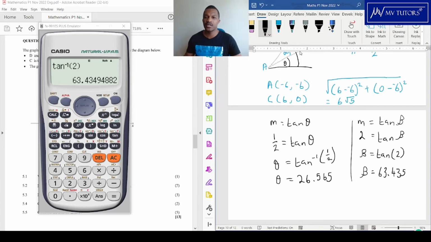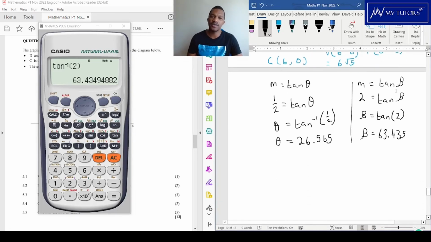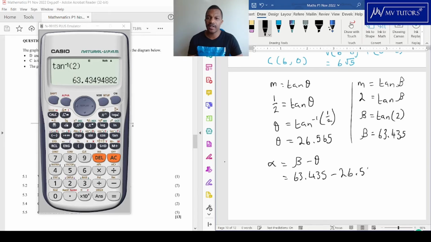Now, to solve the alpha angle, which is coincidentally the angle of C, we need to take alpha is now equal to beta minus theta. And beta was 63.435 minus theta, which is 26.565.